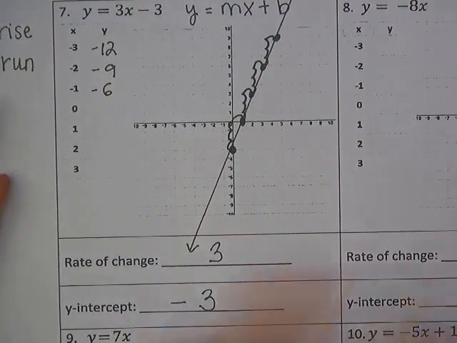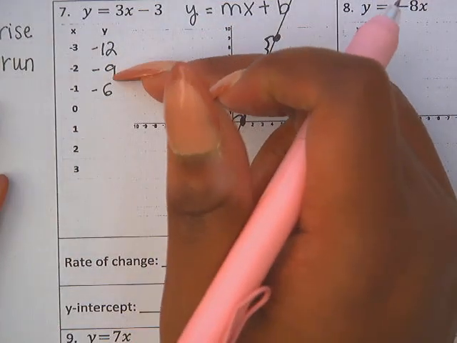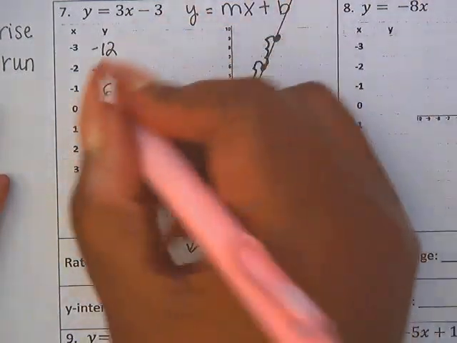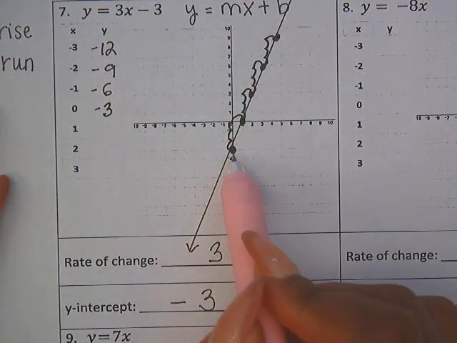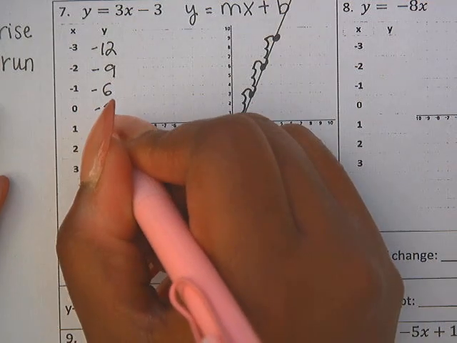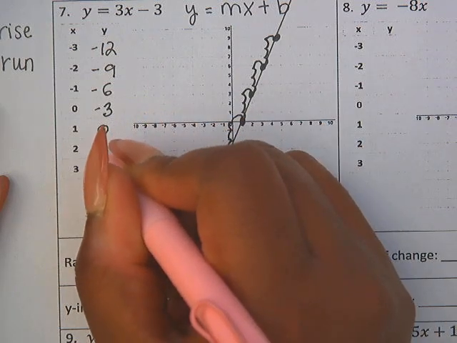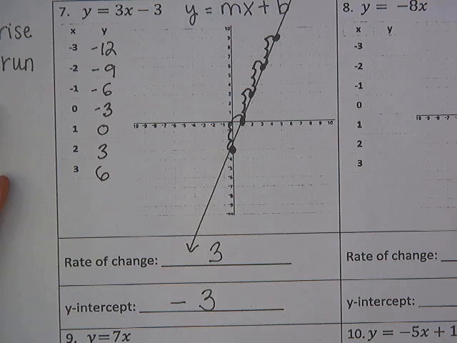Now from this point, I'm just going to go ahead and add the 3 because now I can see that my pattern is established for sure. So -3 here. We can cross verify and see that at 0, -3, we do indeed have a point. So we know that our graph is right. 0, 3, and 6. We are done with that graph.